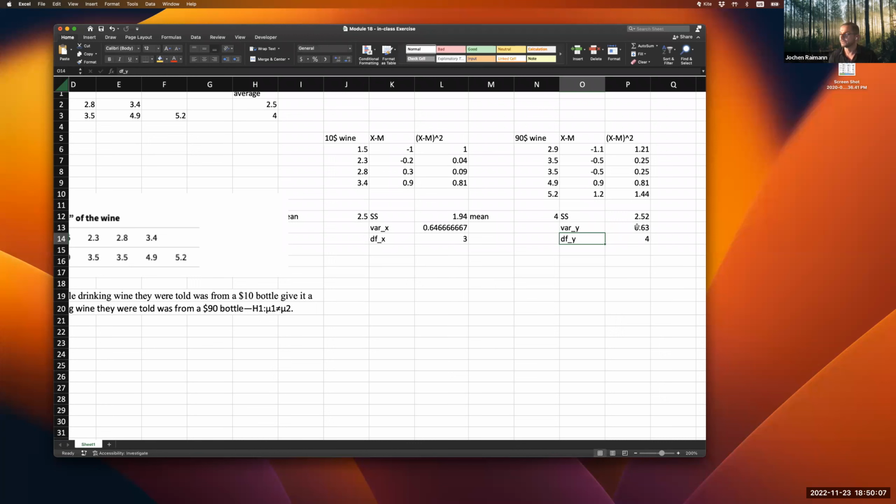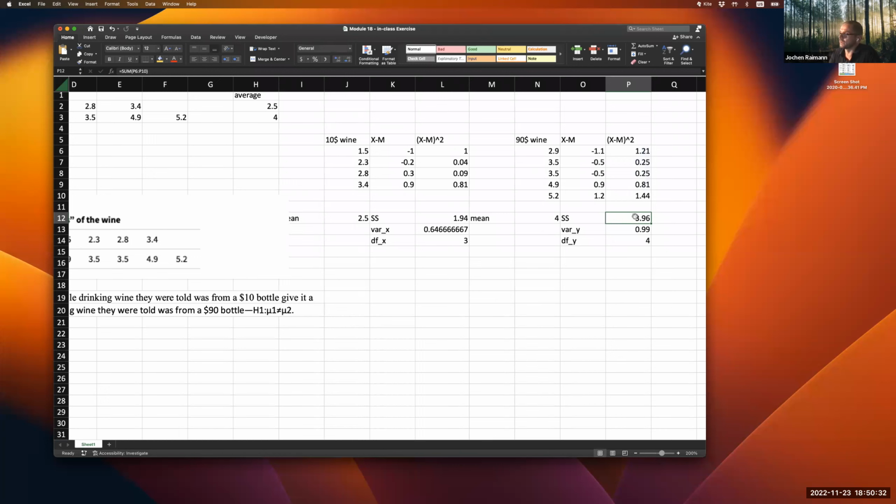So our variance here for Y is essentially 0.63. Let me double check this again. Oh yeah, so be careful here. If you copy the formula just like I did, you need to have P6, P10.